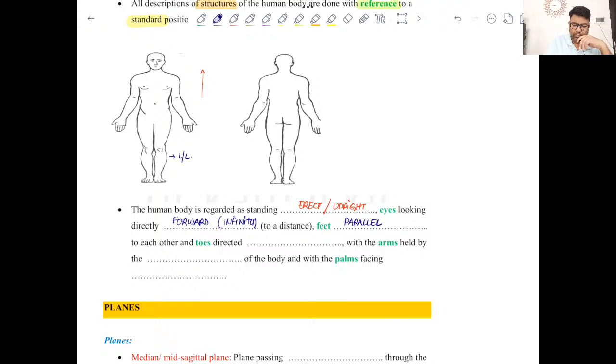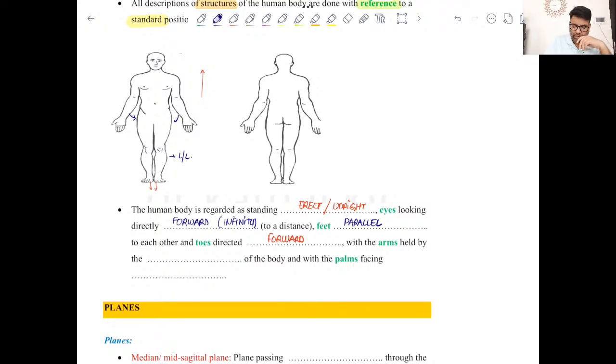or we can say the lower limbs have to be parallel, and the great toes must be pointing forward. So the toes directed forward, and both the upper limbs should be by the side of the body.